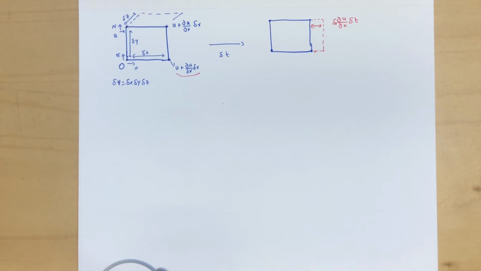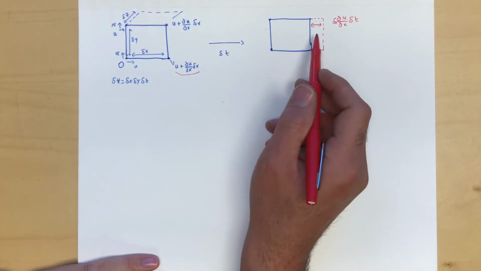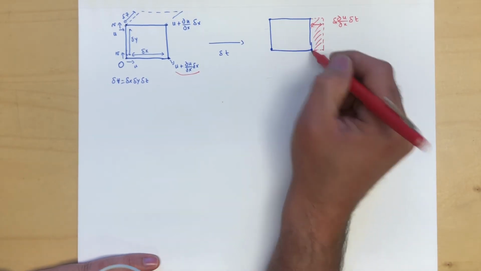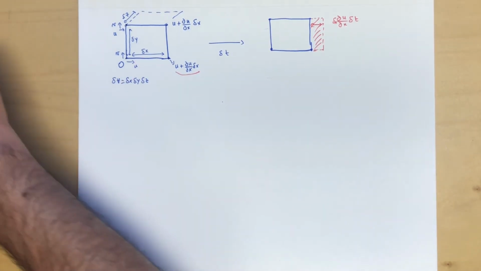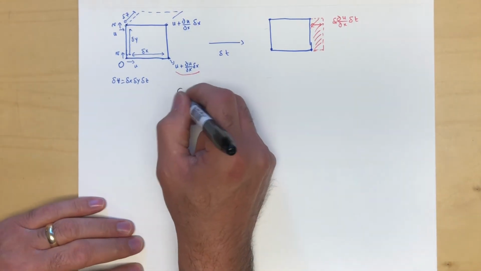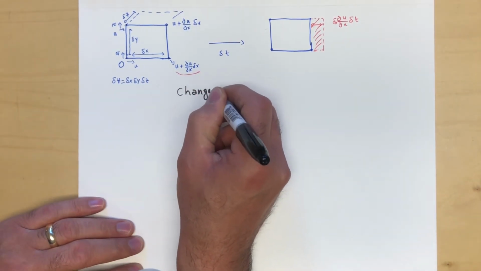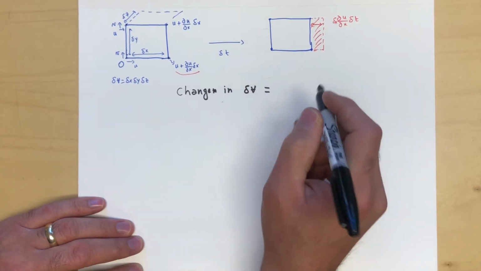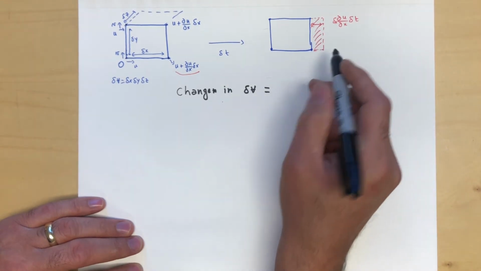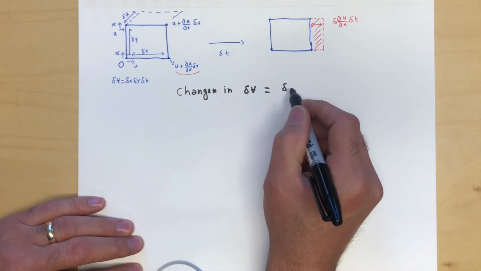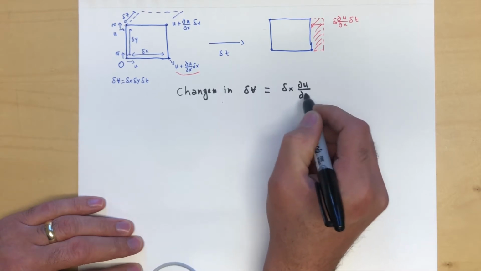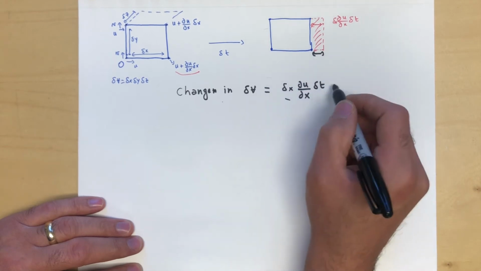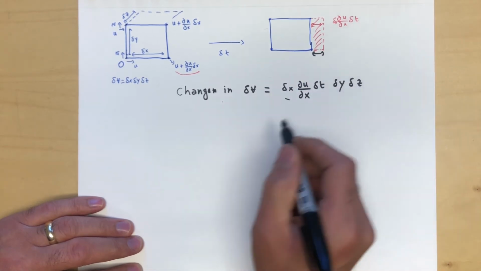Now, what is the difference between the two volumes? We just simply take the difference and it's going to be equal to this shaded area. So the change in delta v is equal to this volume, which is delta x du by dx delta t, that length, times delta y times delta z.